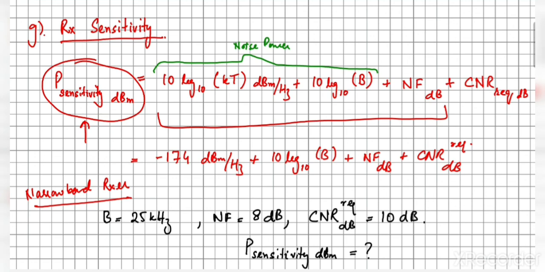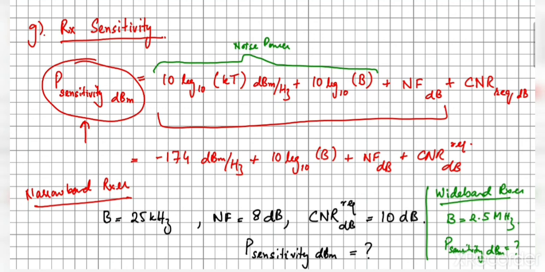And then the second question is, how would the sensitivity change if we go to a wideband receiver with bandwidth equal to, let's say, 2.5 megahertz instead of 25 kilohertz? The noise figure and CNR requirement stay the same. And what is the sensitivity now for this particular wideband signal?